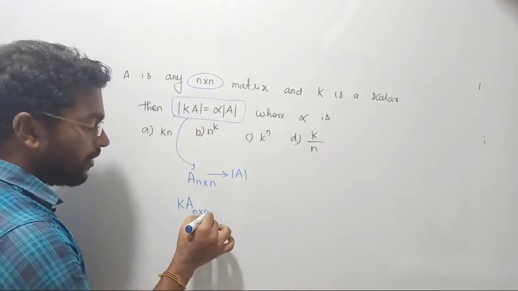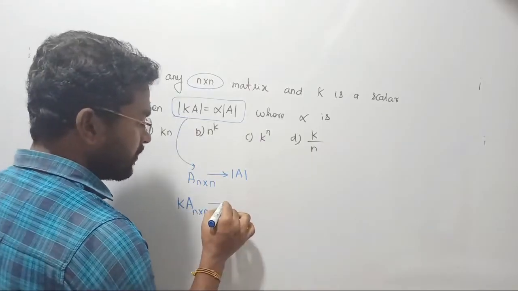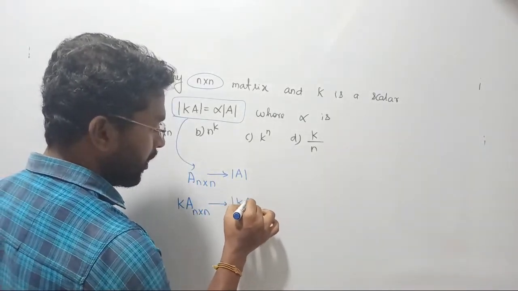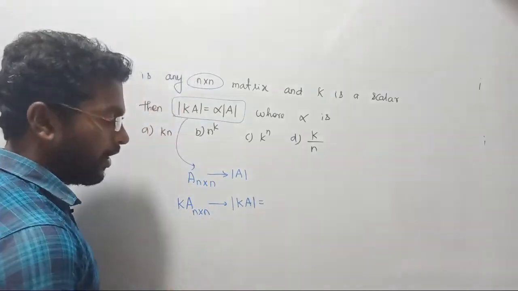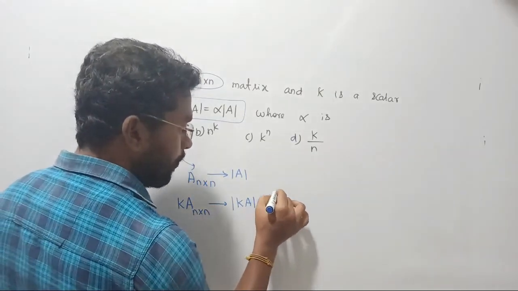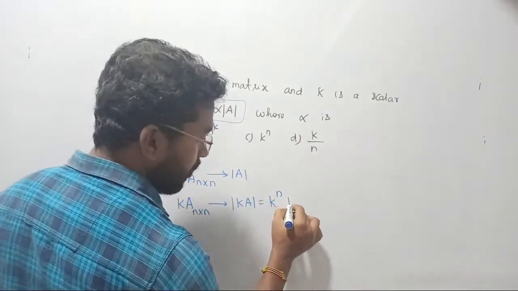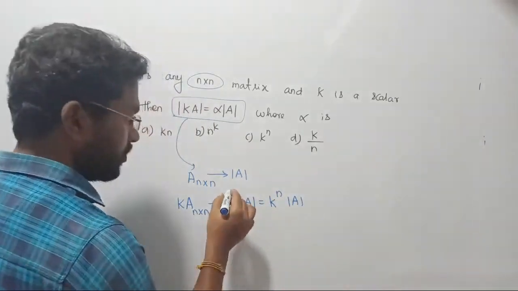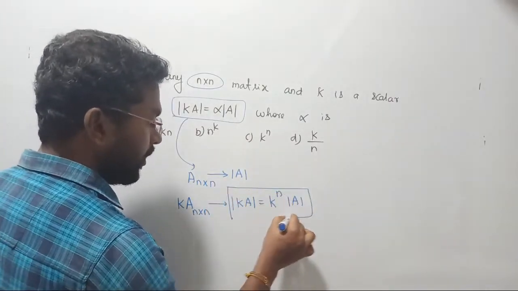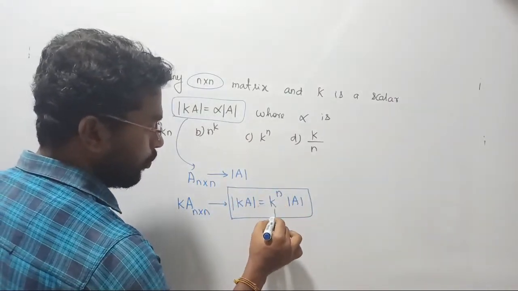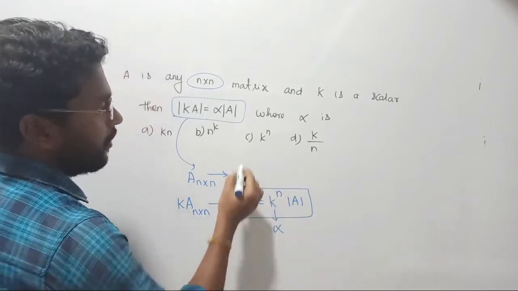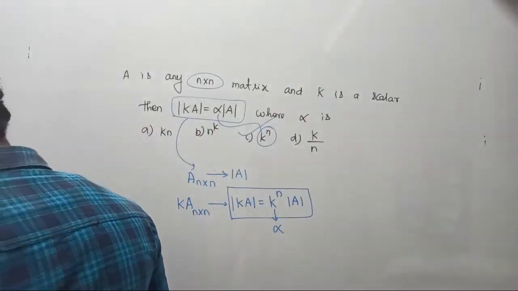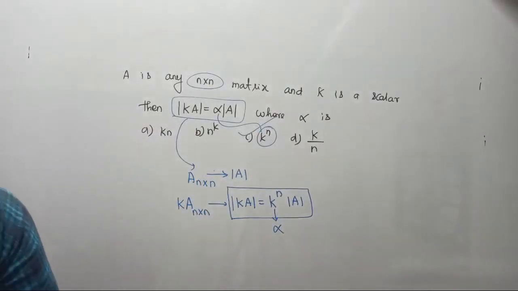If it is scaled by a factor of the scalar k, then the determinant of this new matrix, determinant of kA, is equal to k power n, where n is the order of the matrix, times the determinant of A. That is the conclusion. Here, instead of k power n, they are replacing it with alpha, so alpha should be equal to k power n. The correct answer is option C. Let us see the next one.